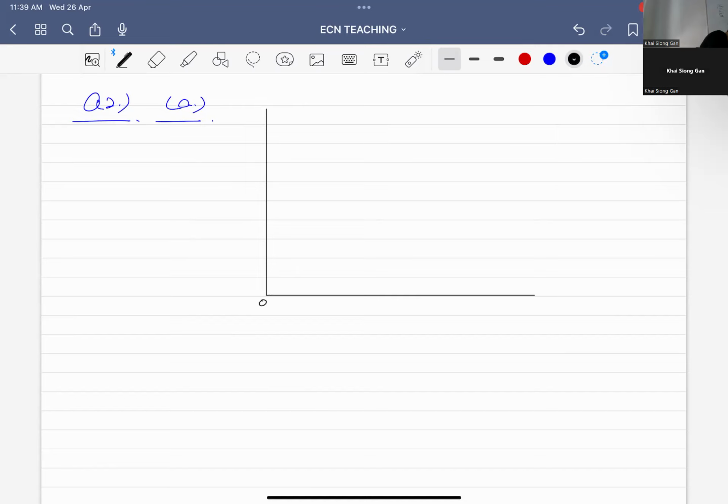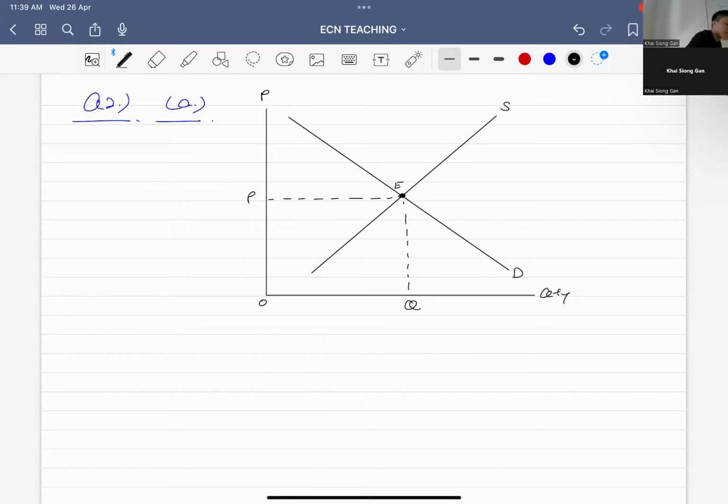Origin, price, quantity. Demand curve and supply curve. This is my equilibrium. Price, quantity. An increase in demand and a fall in supply. Supply shifts more than demand.